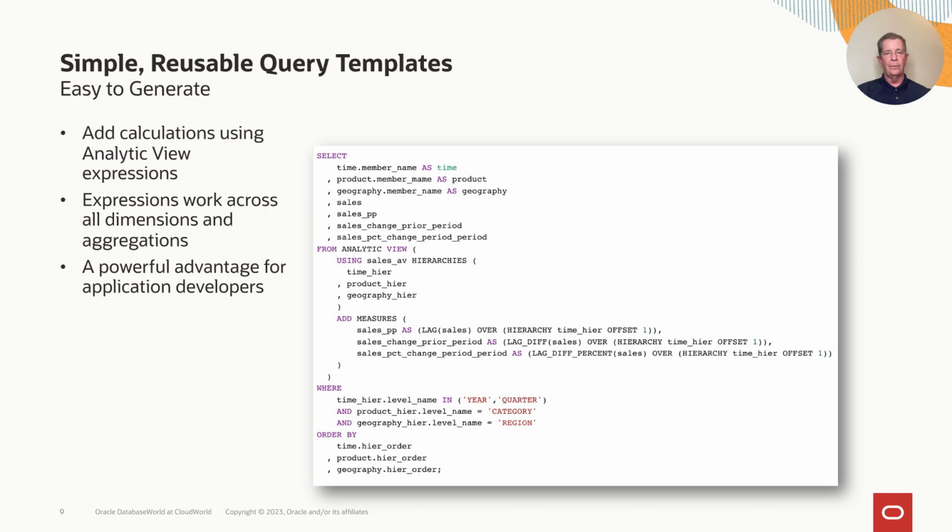So if we look at this, we say sales, PP prior period is the lag of sales over a hierarchy, right? Not a column, no partitioning clauses in there like table queries. It's really easy to generate. So this is just a variation of this. And it's interesting because as an application developer, this turns things on their head, right?